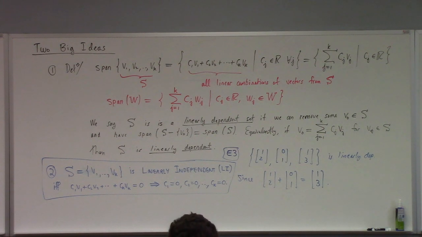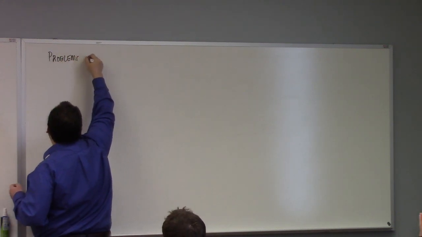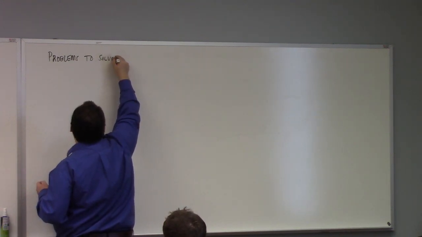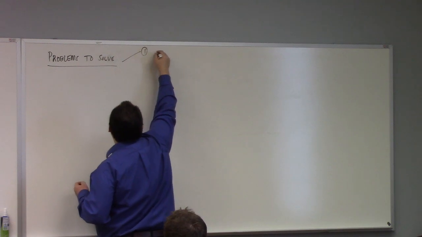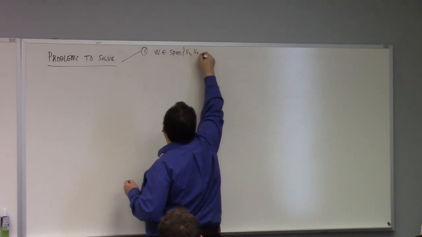All right, so one of the fundamental questions that we'd like to answer going forward, there are two basic questions related to these two big ideas. So the problems that we'd like to solve: one, is w an element of the span of v1, v2, ..., vk?